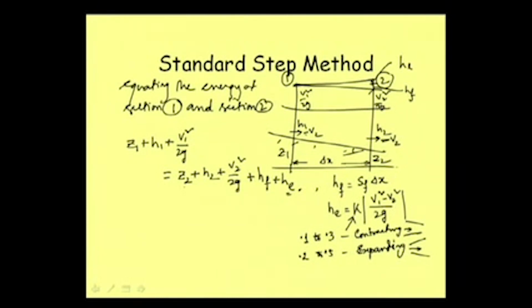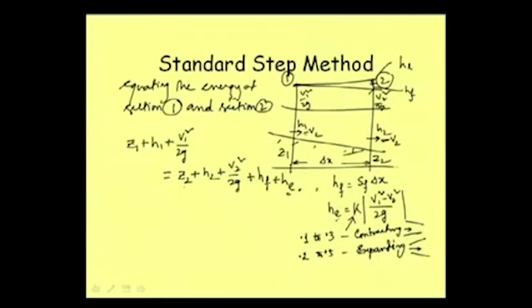Now, of course, in the standard step method we generally do not prefer to go for a non-prismatic channel all along, but wherever necessary we go, and in that case if some expanding portion is coming, then we can use this K value there and calculate this loss well.